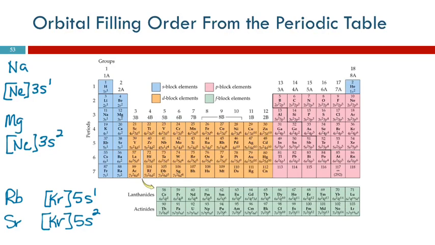We'll get to that. Does somebody else have a question? The shorthand does save us a lot of writing for the larger ones. And it's just whichever noble gas is the closest, and then you write whatever's coming after that.